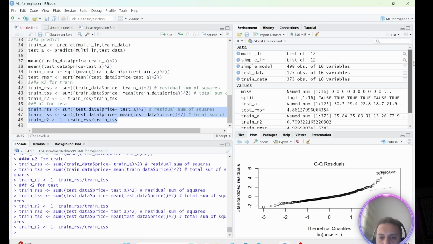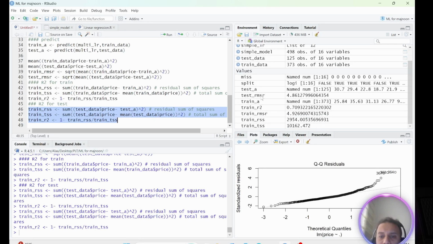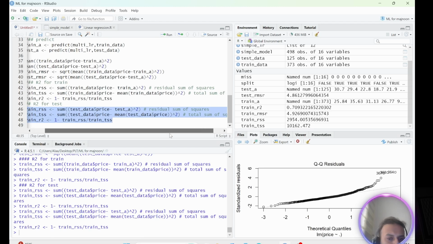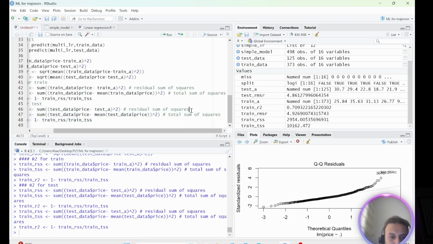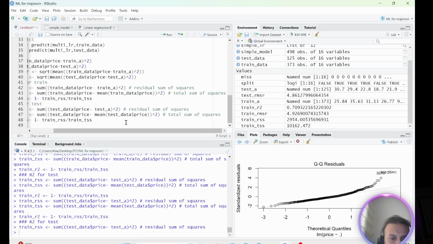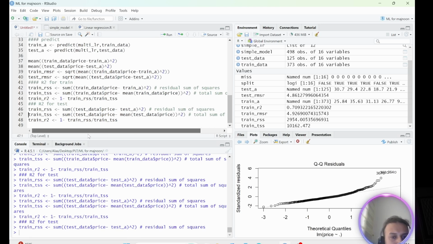Where is the test r square? It's supposed to be in here. This is so weird. This is test A, test underscore A train. Oh, because I gave it train. I have to change this one to test, and this one to test, and this one to test.